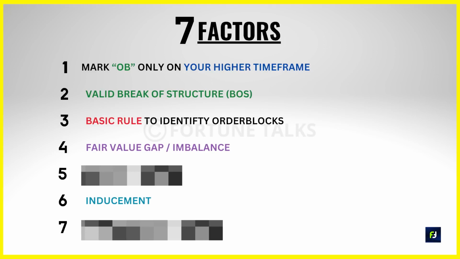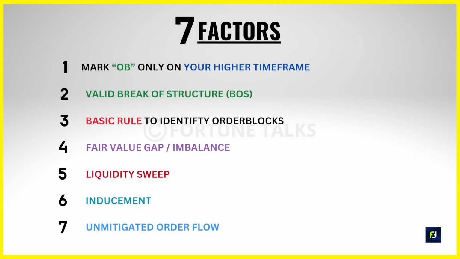This is to avoid falling into the smart money trap. Next point is that there should be a proper liquidity sweep of the previous highs or previous lows depending on the market structure. And the final thing to check for is to see whether the order block is associated with an unmitigated order flow.